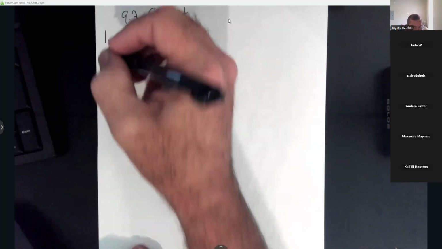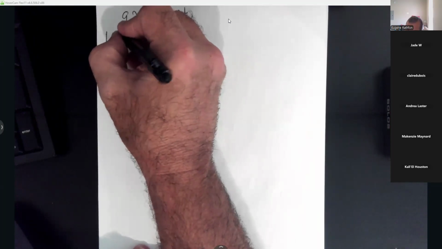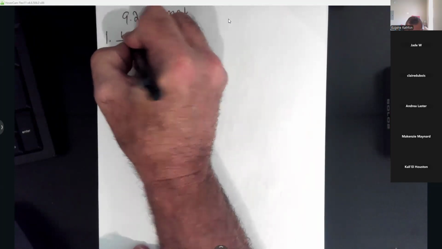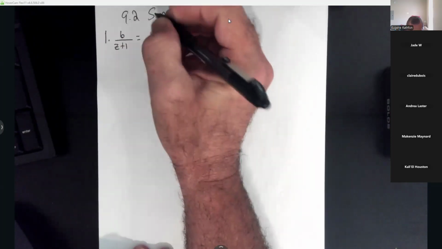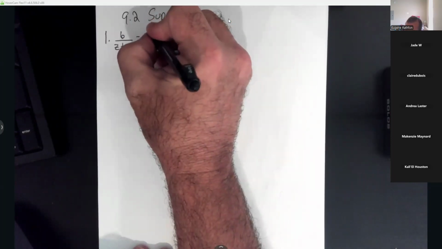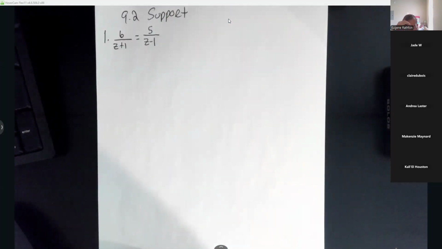So number 1, and these will all say solve. So solve this one. 6 over z plus 1 equals 5 over z minus 1.